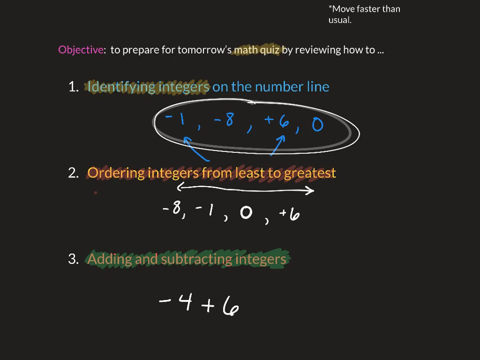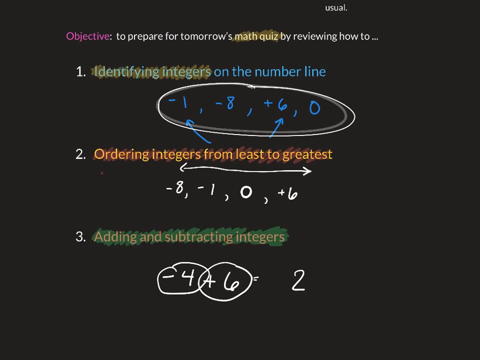I don't need you to answer that right now necessarily, but because the signs are different, this is the sign of the 4, this is the sign of the 6, you're going to get the difference, which is 2. Just subtract when the signs are different. And the answer is going to get the sign of the number that is normally bigger. What's normally bigger, a 6 or a 4? A 6, right? So because the 6 is positive, we're going to put a positive on that too.